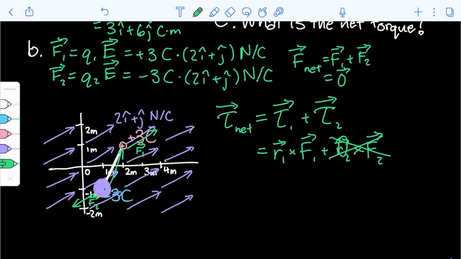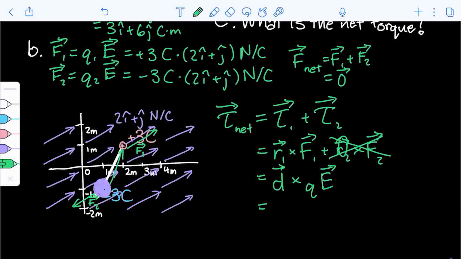Okay, so then all that's left is the R1 cross F1. So R1 in this case is just our vector D from before, and the force is what we calculated earlier. It's Q cross E, Q times E. So ultimately we get that the torque is D cross Q times E.